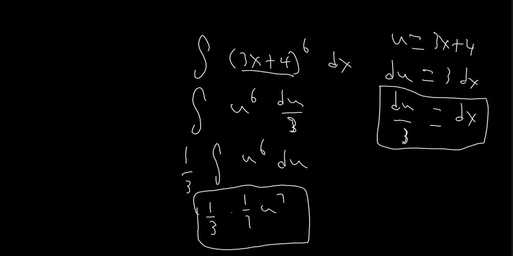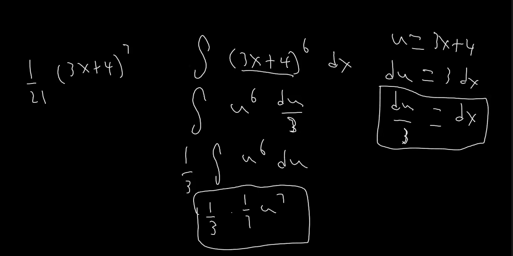In terms of u, how do you put it in terms of x? Well, replace u with 3x + 4, and we're done. So 1/3 times 1/7 is 1/21, and then (3x + 4) to the 7th power, and we're done.